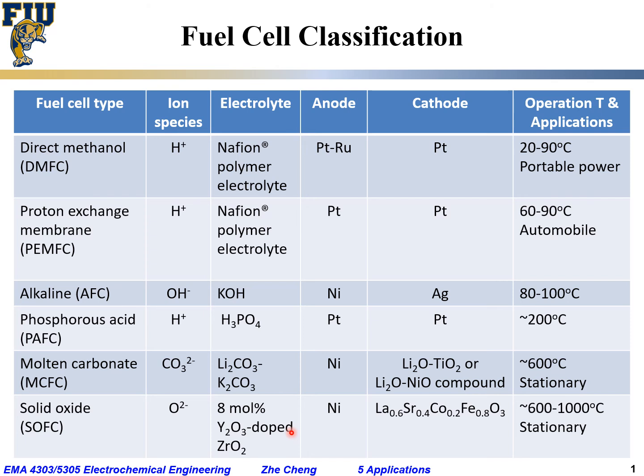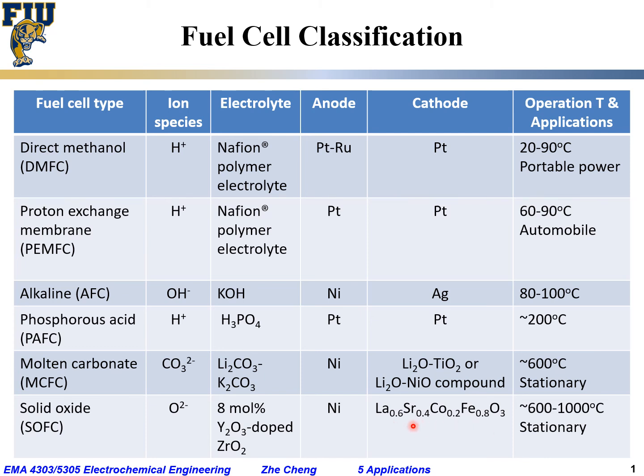And the electrolyte, if we are talking about the oxygen vacancy electrolyte, quite often is 8 mole percent yttrium doped or yttrium stabilized zirconia. The anode in this case, we can still use a relatively inexpensive metal such as nickel, while the cathode can be complex oxides such as what we show here, LSCF, lanthanum strontium cobalt iron oxide.